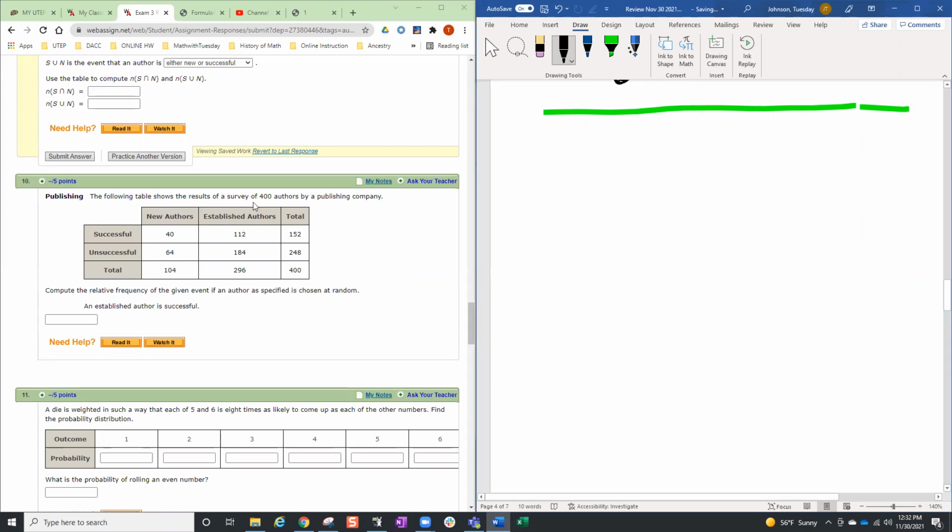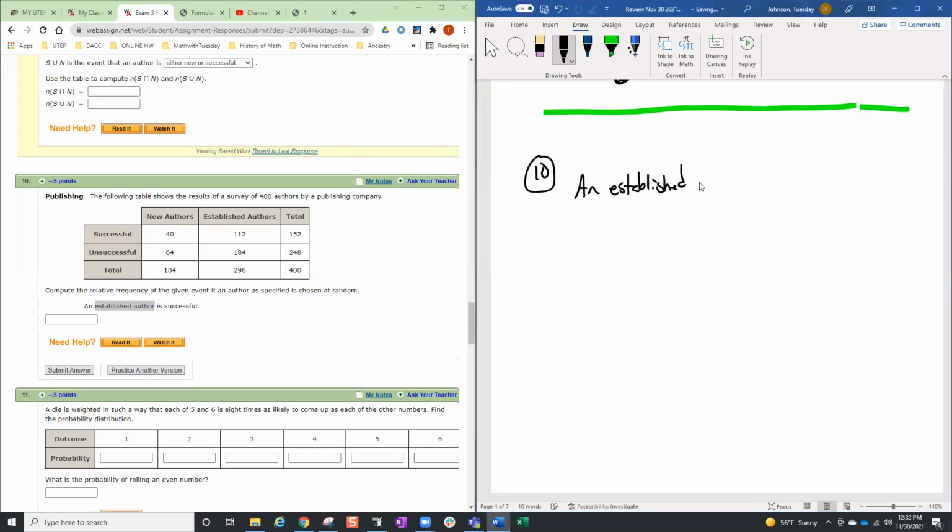The following table shows the results of a survey of 400 authors. Compute the relative frequency. An established author, that will be our denominator. And then of the established, I want successful. This will be our numerator.